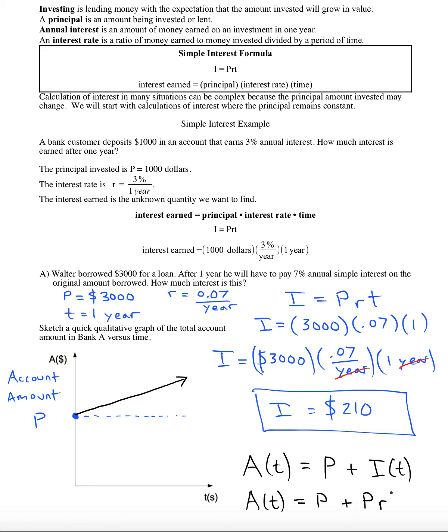P plus PRT, where P represents the initial principal, which is just a constant. It's not going to change here. R is a constant as well, the interest rate. And T is the variable, time. As you can see, it will be a linear function if P and R are constants.